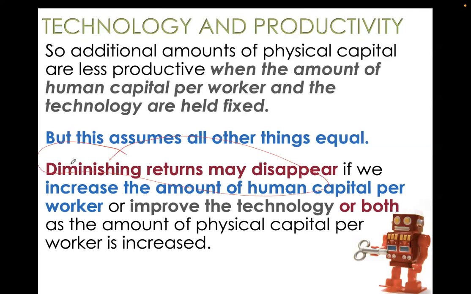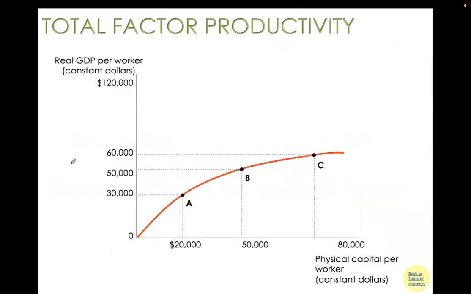What does this mean? Maybe we can look at the graph, and it becomes clear. As I said earlier, this is for a fixed T and a fixed H. If you have fixed T and fixed H, then the marginal productivity of physical capital is going to decrease. The curve is getting flatter.